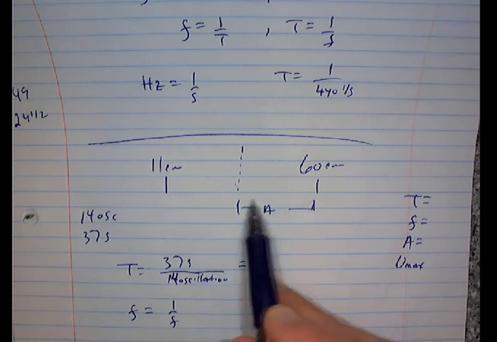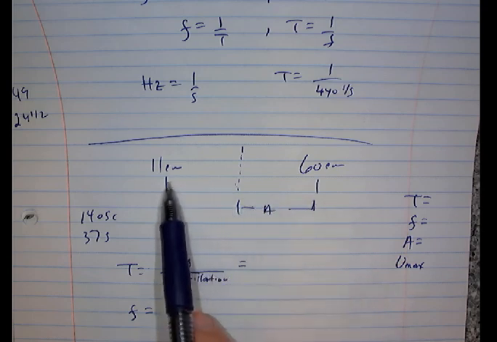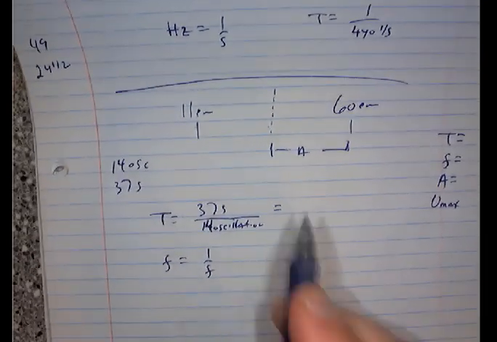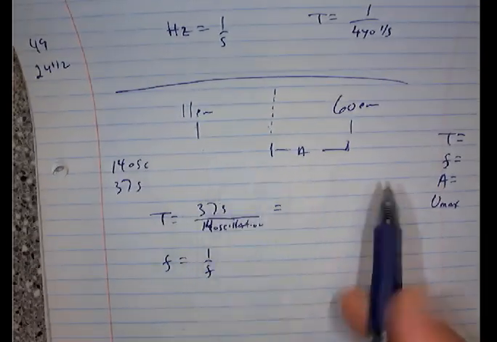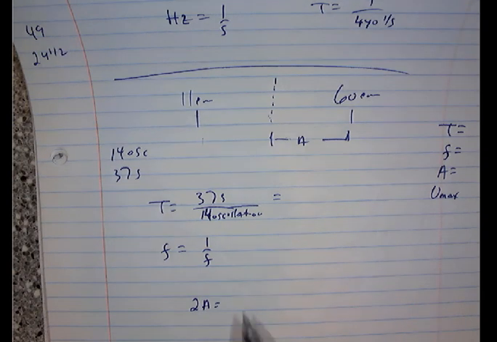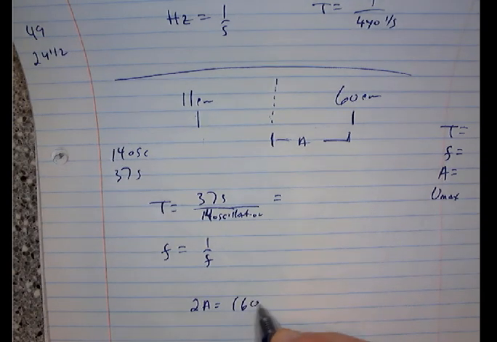Part C is the amplitude. We need to figure out this distance here. Well, we can get the total distance between 11 and 60. That's really 2A. 2A is equal to 60 centimeters minus 11 centimeters. So twice the amplitude looks to be 49 centimeters.